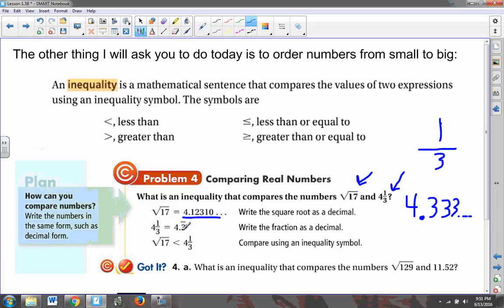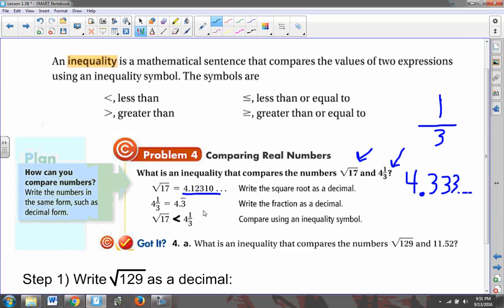Well, which one's bigger? The 4.3 is bigger, right? So that tells me that 4 1/3 is bigger than the square root of 17. So notice that we have the small one first, and then our alligator is eating the bigger number, which is 4 1/3, okay? Because we just decided 4 1/3 is bigger than the square root of 17 because 4.3 is more than 4.1. 3 is more than 1. Okay, so we're going to write things as decimals if they are not already written as decimals, and then decide which one is bigger than the other.